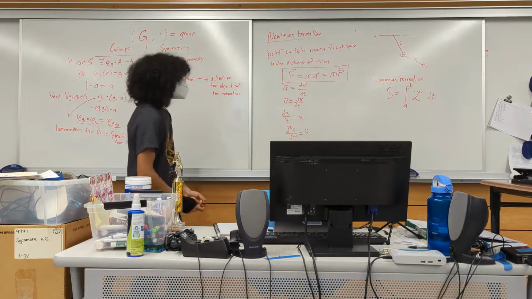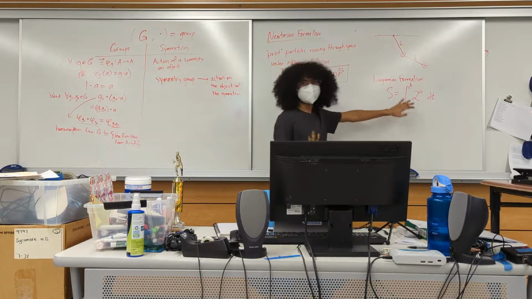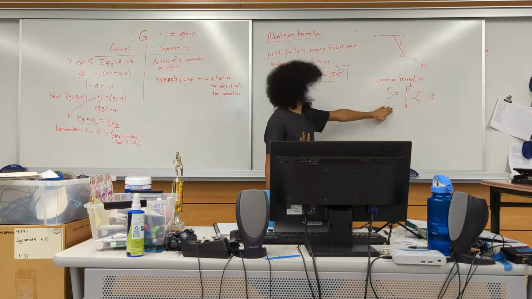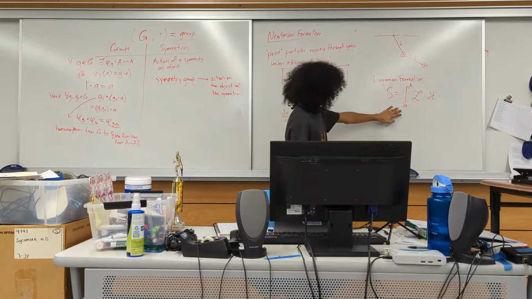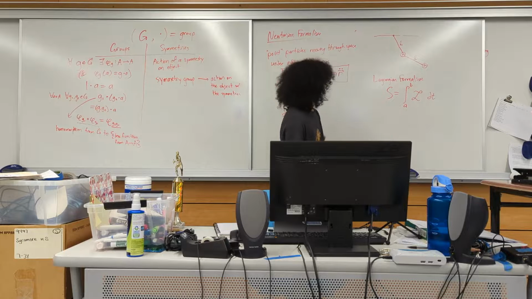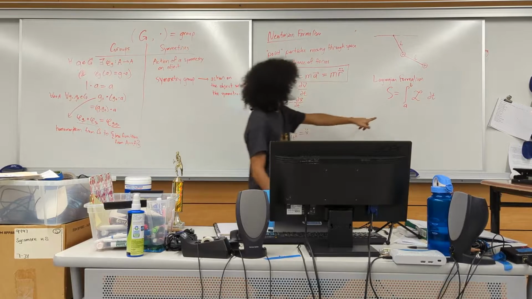The answer is that people like Euler and Lagrange studied these kinds of problems. This is not the only problem like this. And what they saw is that what you always get is a set of differential equations for this quantity L.